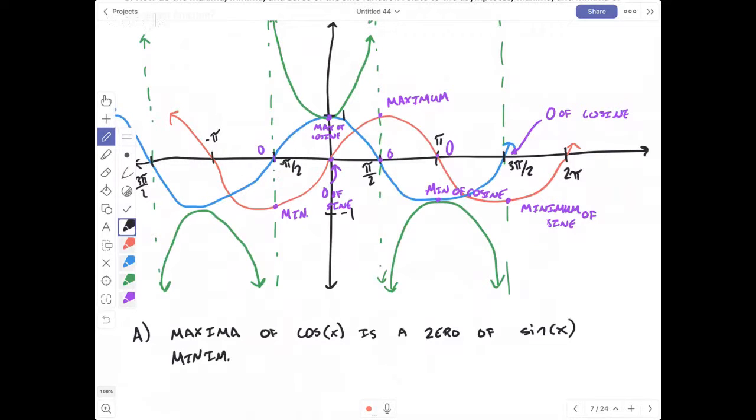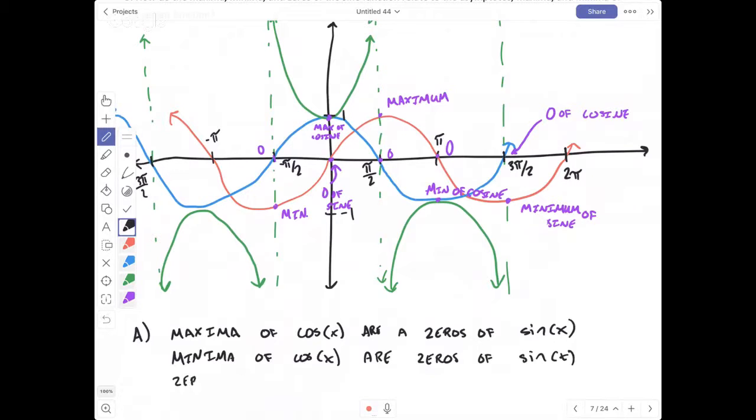Minima of cosine x are, that should say r too, huh? Zeros are also zeros of sine x.